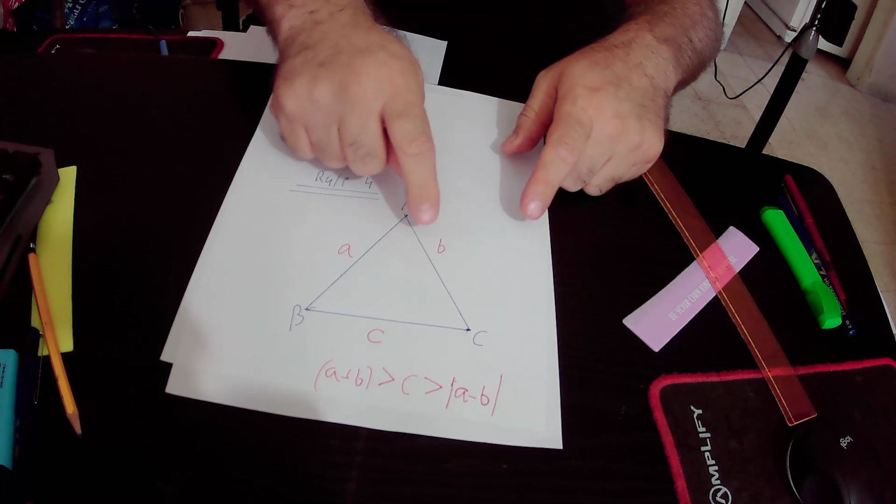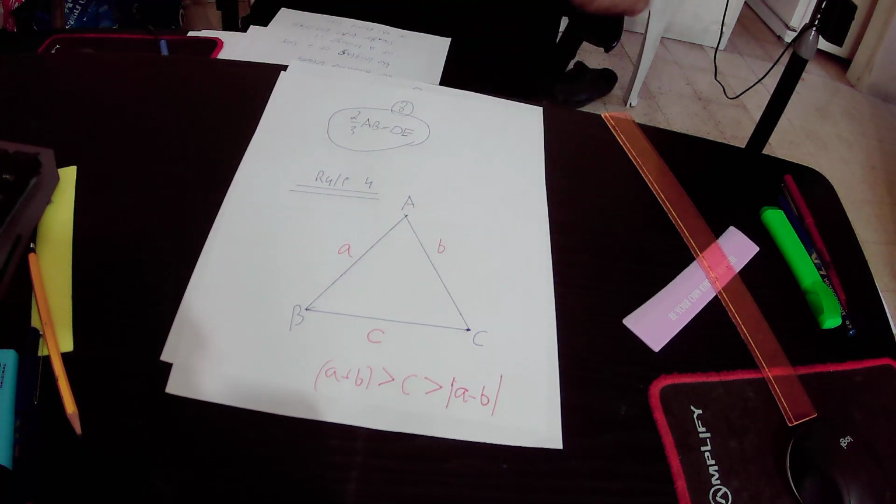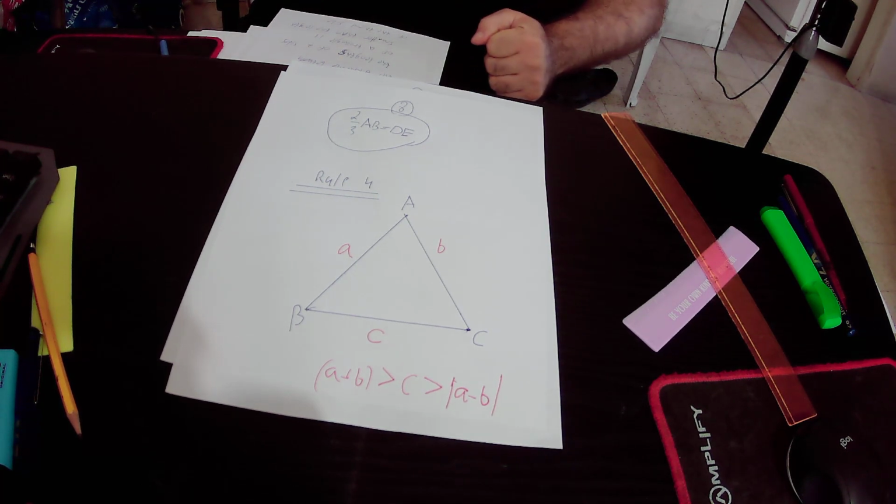A plus B is greater than C from one side, and from the other side, the difference between the lengths of two sides of a triangle is smaller than the length of the third side.